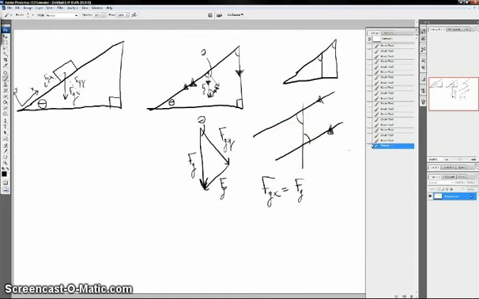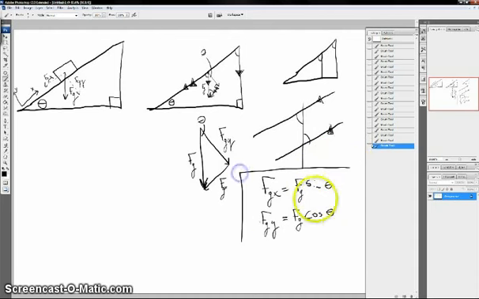When we were dealing with any other decomposition of vectors, usually cosine is related to x and sine is related to y. Because of the rotation in the coordinate system, the x component is sine and the y component is cosine. So this is a little bit strange.